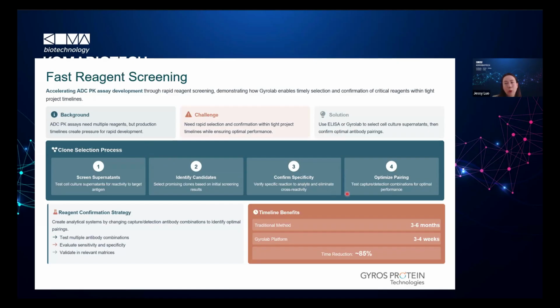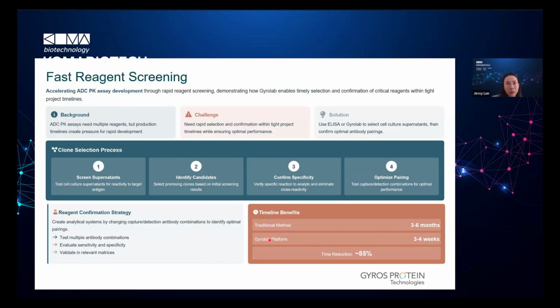And then we need to optimize our capture and detection combinations or format for the best performance. In the traditional method, it usually takes around 3 to 6 months to screen all these reagents. But on Gyros, the screening is quite fast.